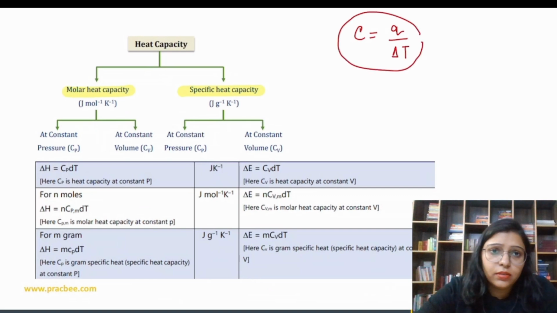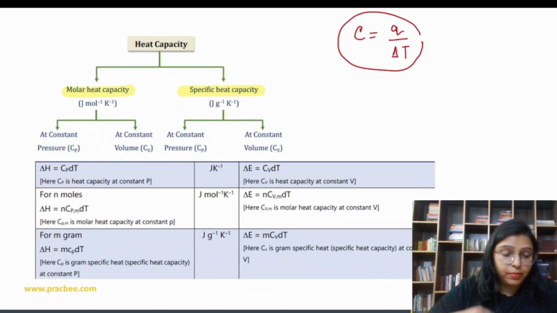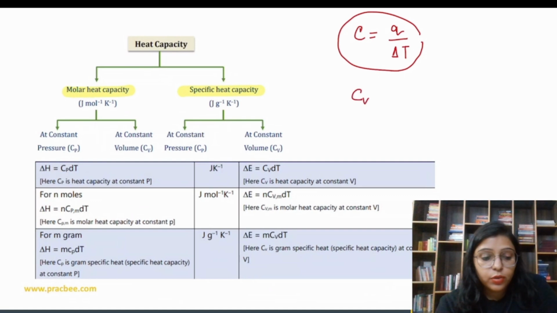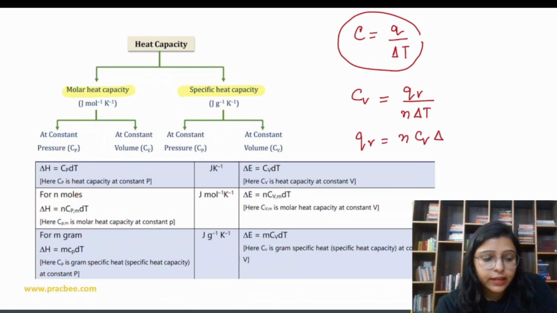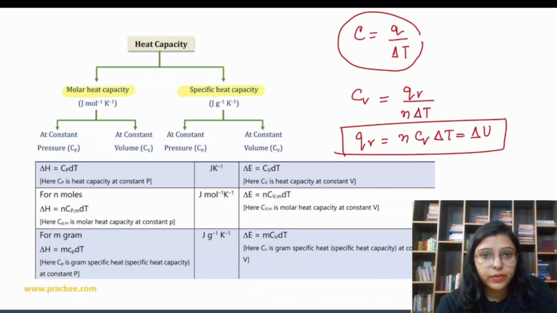Now heat can be provided to the system in two ways, either at constant volume or at constant pressure, right? So if we have constant volume, we can write Cv is equal to Qv upon n delta T. Why n? If we have 1 mole or n moles, we can write it that way. So we have Qv is equal to n Cv delta T, which is equal to delta U. So one formula is this, right?